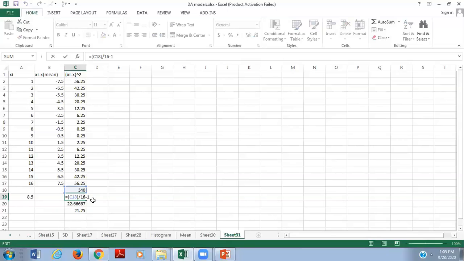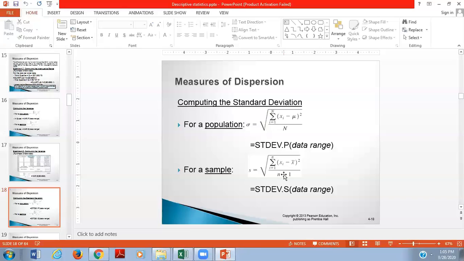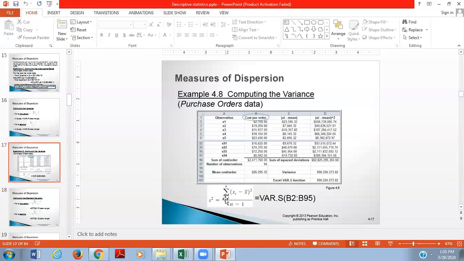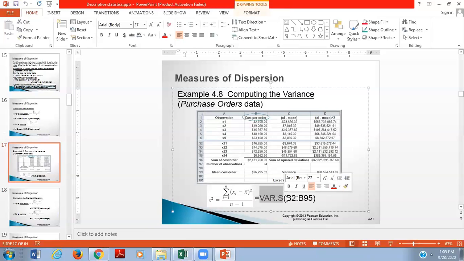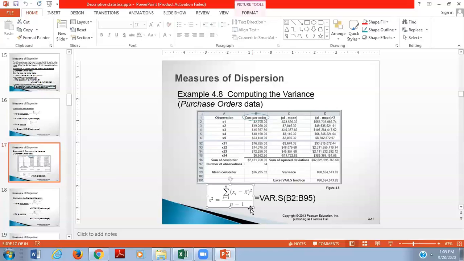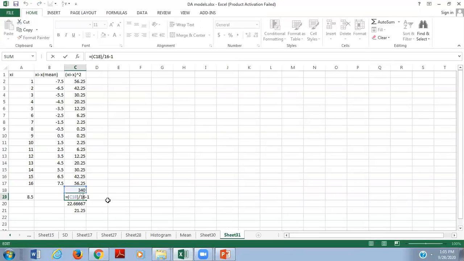So here we have calculated the variance in three ways. First, we have calculated the variance manually, that is our formula on your screen, xi minus x bar whole square upon n minus 1, right? Then through the formula with the selected range, and for population we have calculated this one.